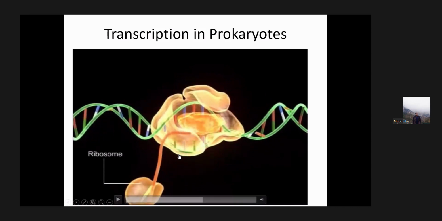So you can see that in prokaryotic cells, transcription and translation are continuous processes. Before the transcription has finished, the ribosome comes and binds to the mRNA to start the translation process. So this is a continuous process: transcription and translation happen at the same time.